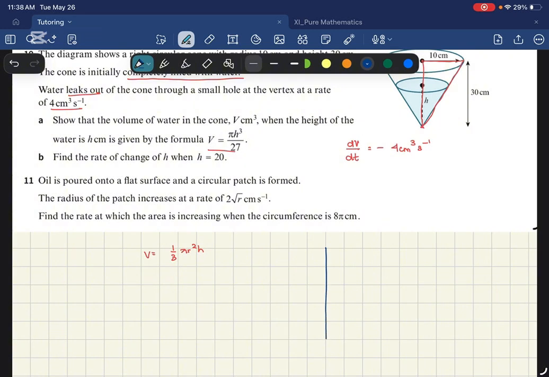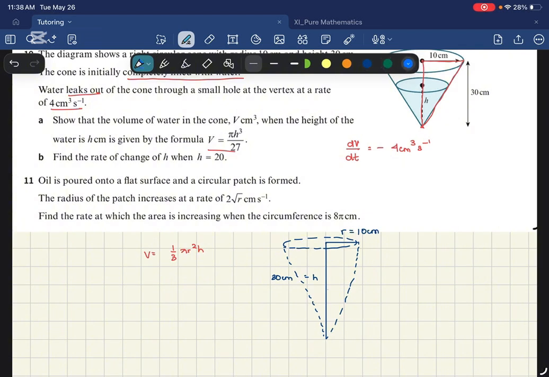We have our cone. This is our cone, and this is our radius. And this is our height. And we know r is 10 centimeters and our height is 30 centimeters.